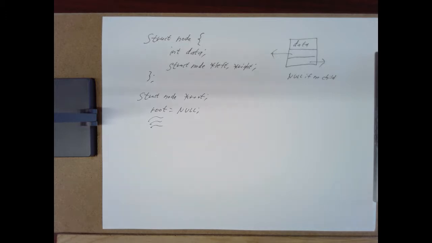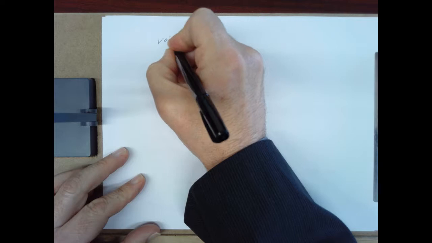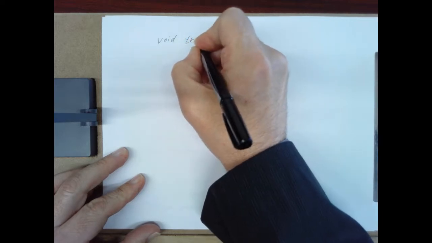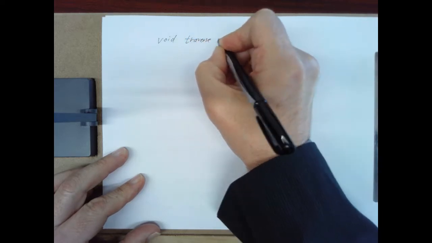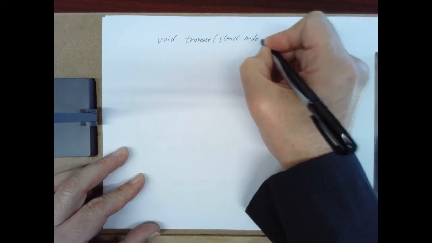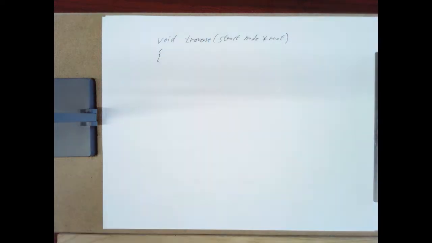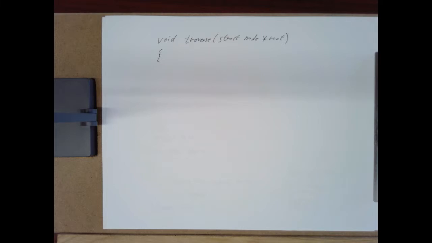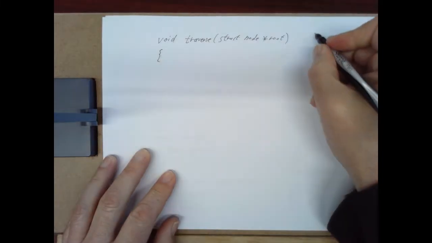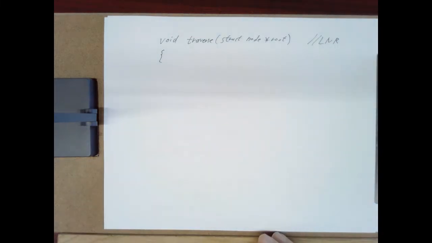Okay, so let's think about how we can traverse. So this will be a void routine. And we want to do in order traversal, so left and then node and then right.